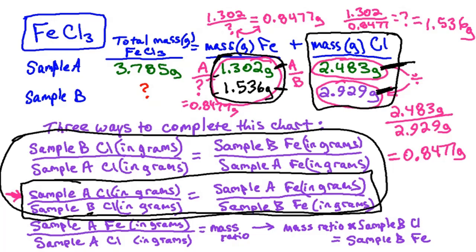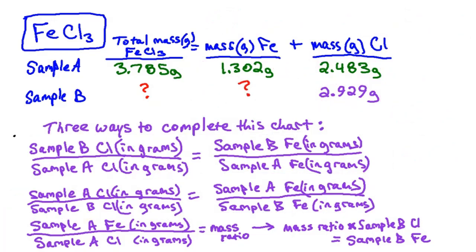It doesn't matter. Now, the third way to solve this table deals with the mass ratio, and this is really what the law of constant composition is all about.